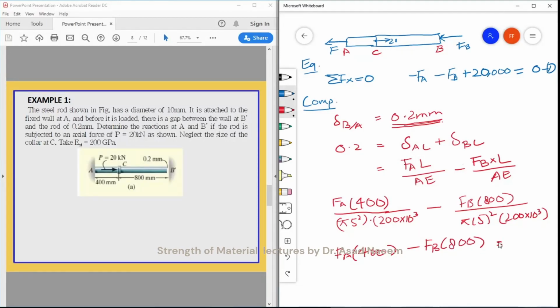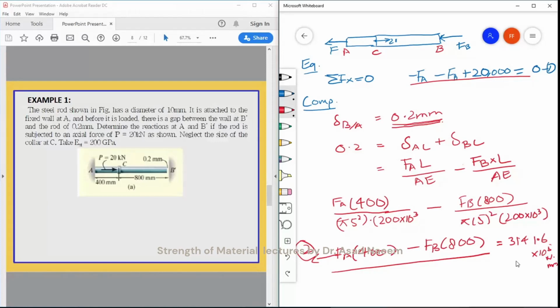This comes out to be 314.6 into 10 raised to power 5 Newton millimeters. So this is our second equation, and by solving this equation with this equation, now we have two equations and two unknowns.